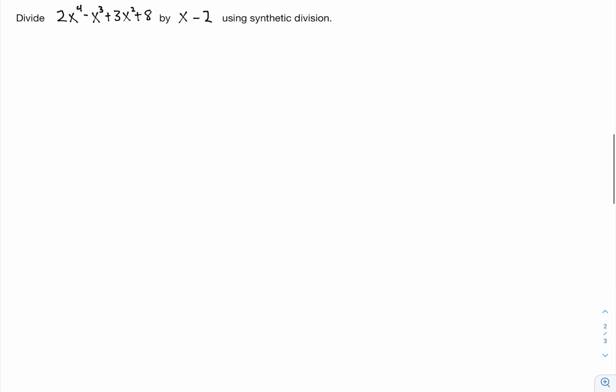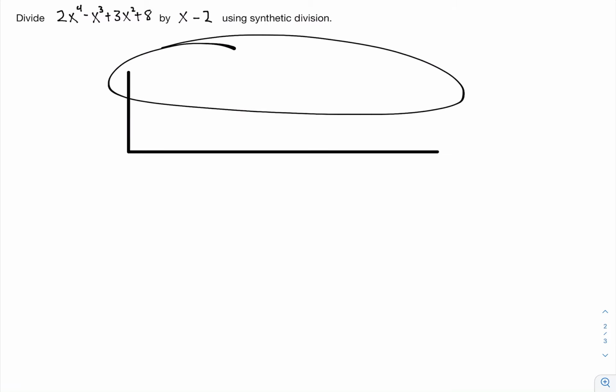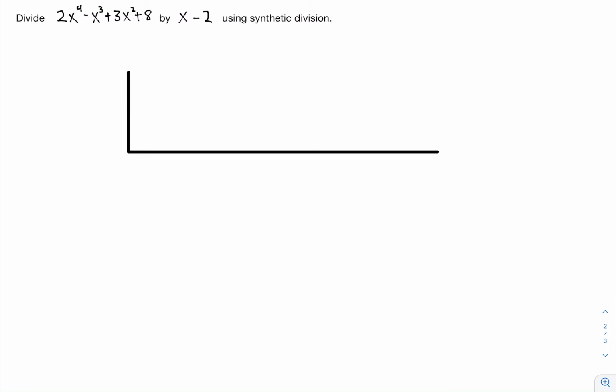Okay, let's do one more example here. Divide 2x to the fourth minus x cubed plus 3x squared plus 8 by x minus 2 using synthetic division. Okay, so remember synthetic division, we always set up our bars here. And the top row of this set of bars is going to be the coefficients on our expression. So the coefficient in front of the x to the fourth is 2.